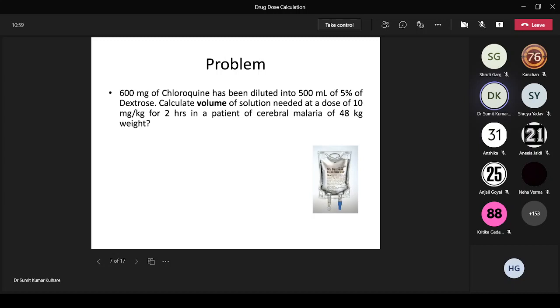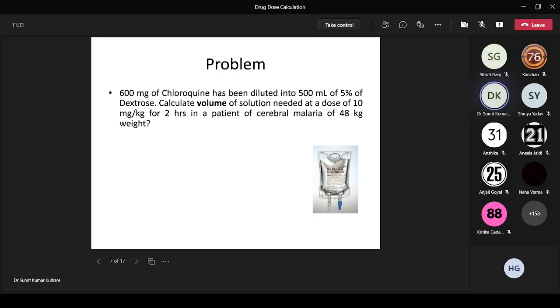Now we have to calculate the volume of solution needed at a dose of 10 mg per kg for 2 hours in a patient of cerebral malaria of 48 kilograms. So the patient is of 48 kilograms. How much dose does the doctor want to give? That is 10 mg per kg. A 10 mg per kg dose is to be given to a 48 kilogram patient.